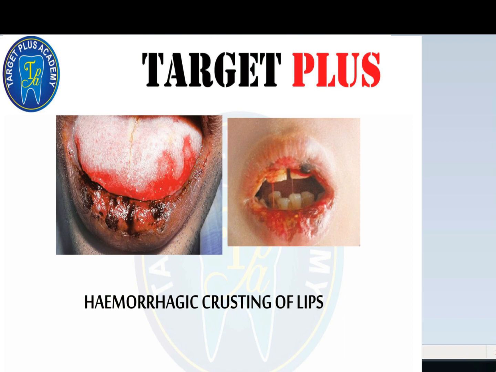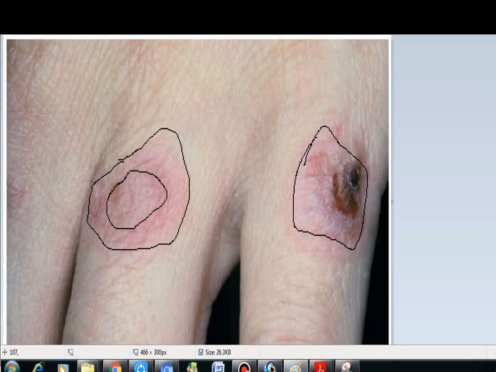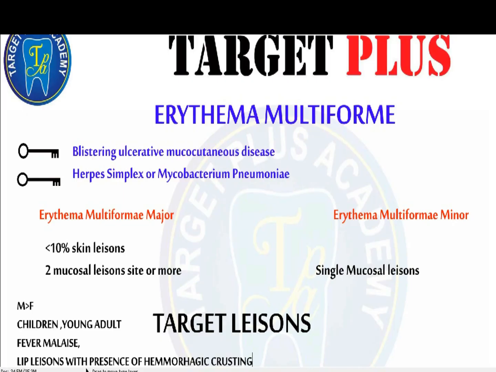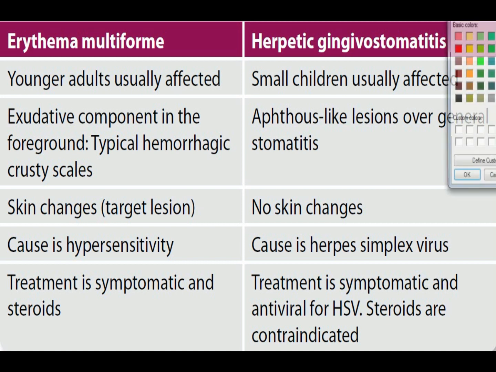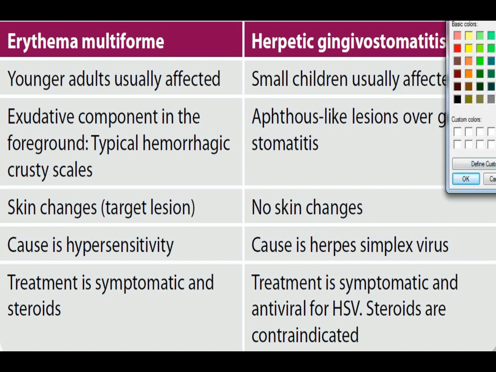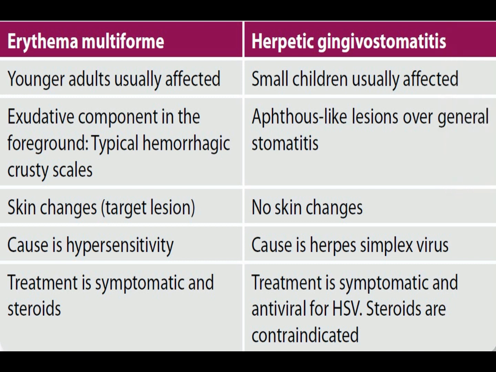Spontaneous healing occurs in 3 weeks in minor erythema multiforme and up to 6 weeks in major erythema multiforme. Now the difference between erythema multiforme and herpetic gingivostomatitis. In erythema multiforme, younger adults are involved, whereas in herpetic gingivostomatitis, small children may be affected.